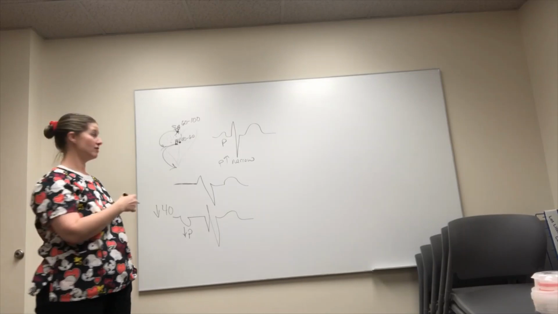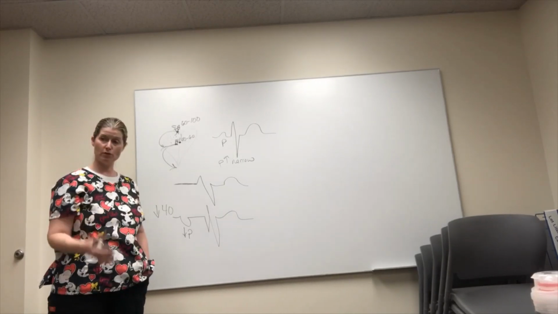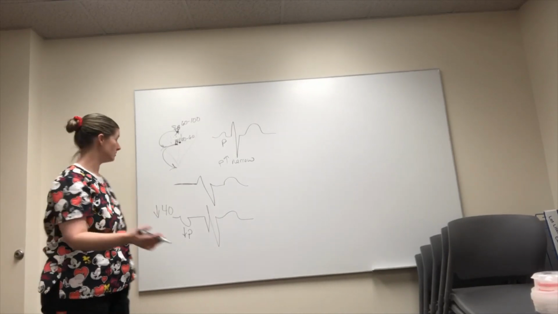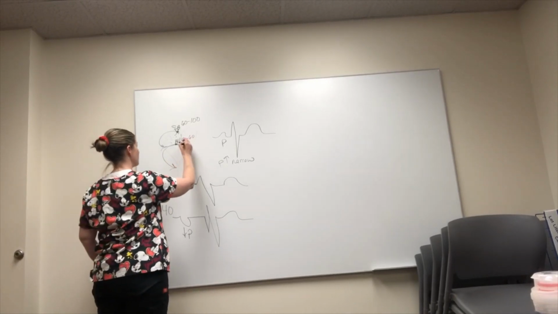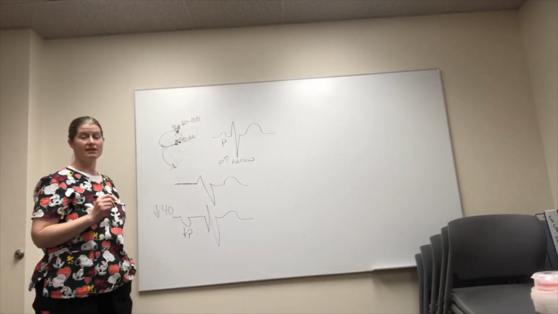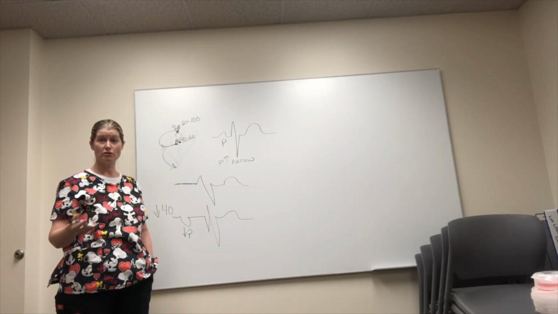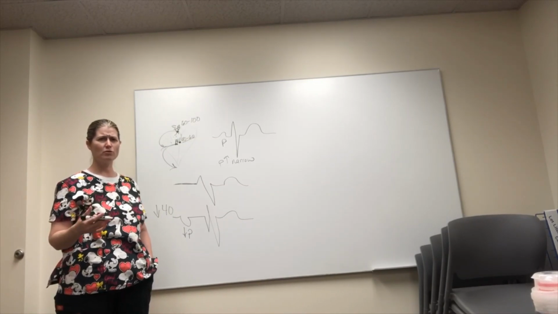Now, if you have no P wave or an inverted P wave and your rate is 40 to 60, then it's an accelerated junctional, which is probably more than you need for your test.